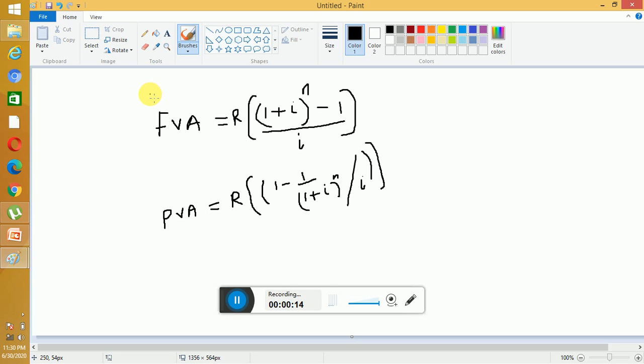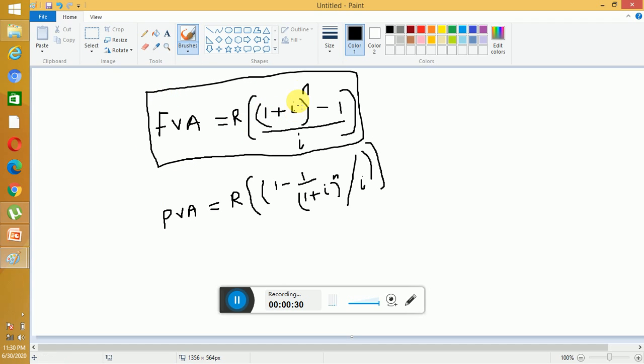In the previous class, we discussed the future value of annuity and the present value of annuity. And this was the formula for calculating the future value of annuity: R times (1 plus I) raised to the power n minus 1, whole divided by I. Then we discussed the present value of annuity, and this was the formula.